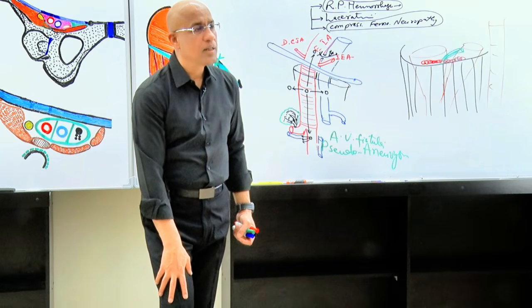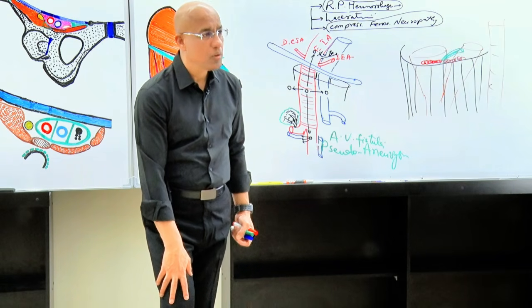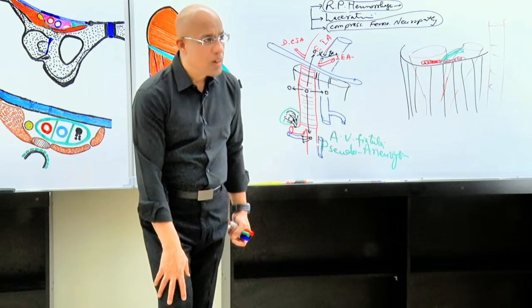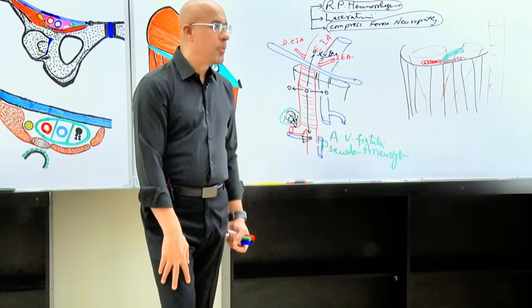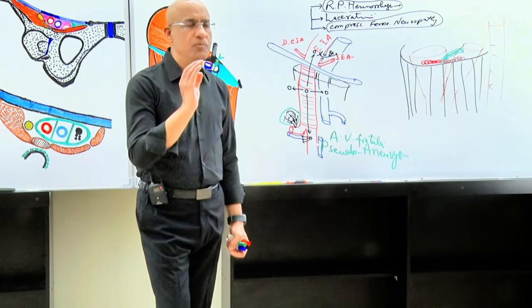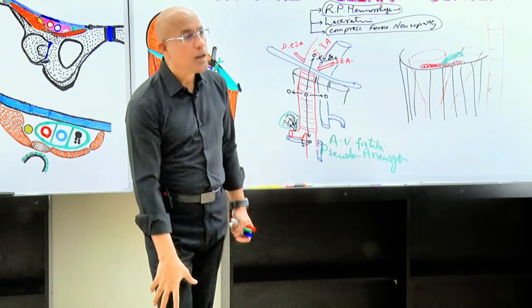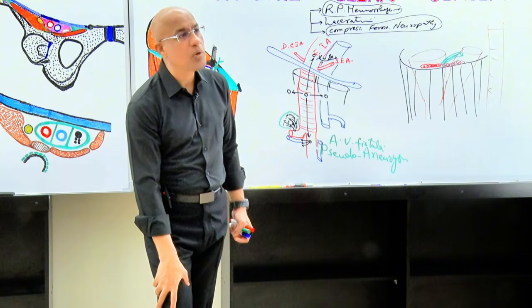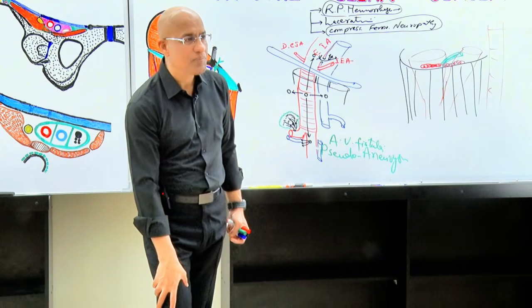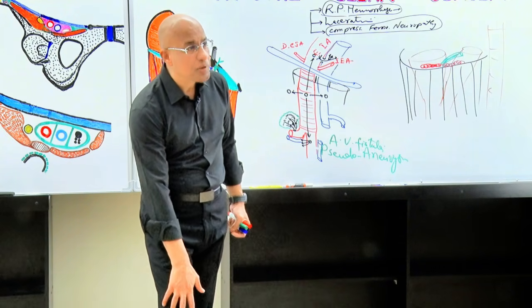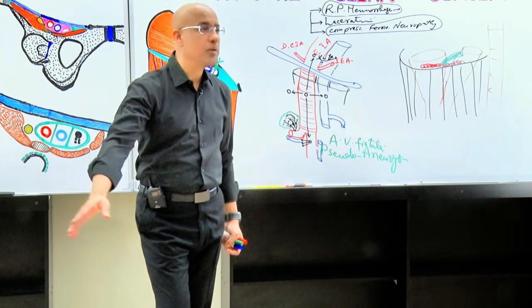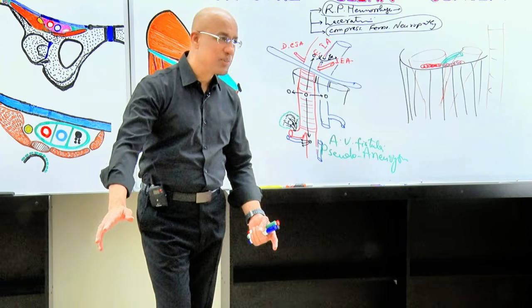We say perishing with coldness, or we call it poikilothermia. Now, to be exact, the concept of poikilothermia is that the limb is unable to regulate its temperature. So limb temperature becomes equal to the temperature of the environment, right?